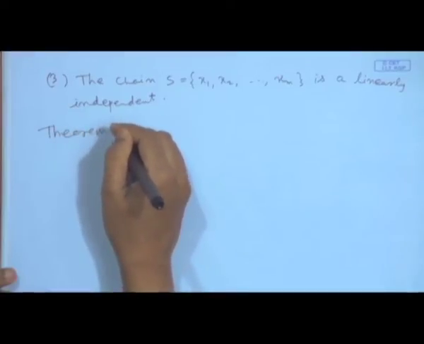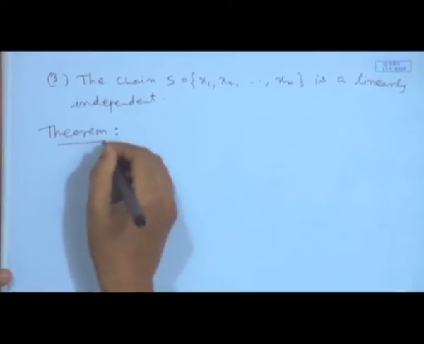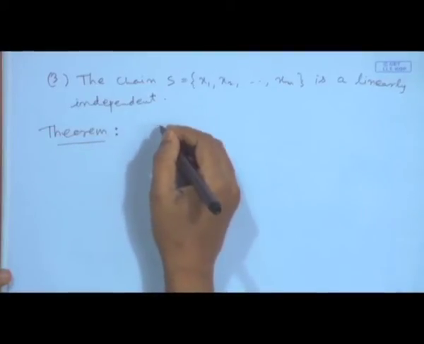So, here we shall write those known results. We shall use these results for finding the Jordan canonical form of a matrix.